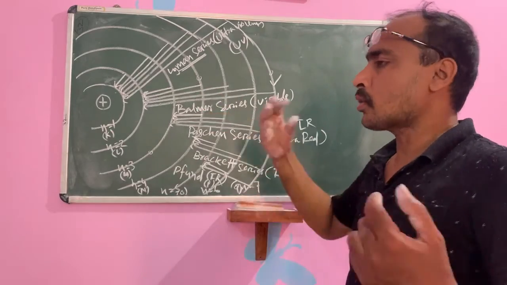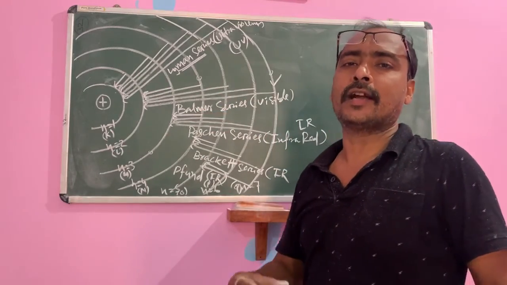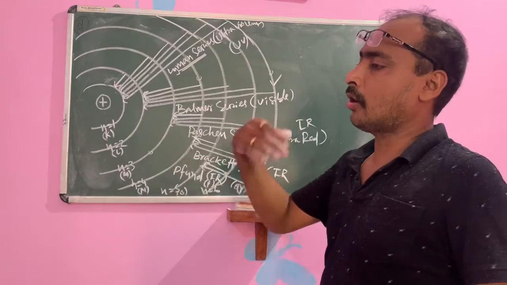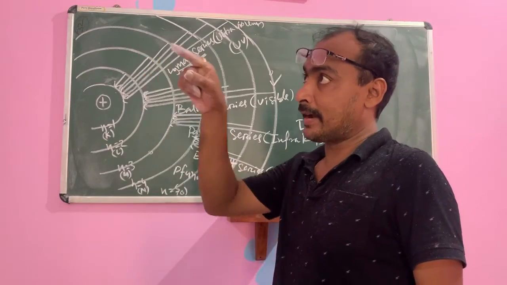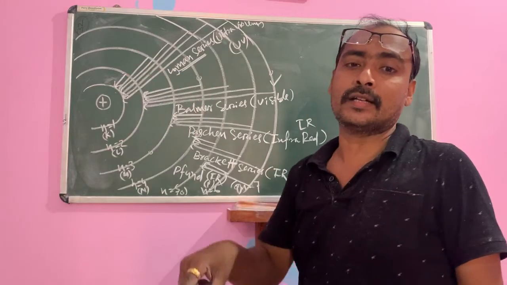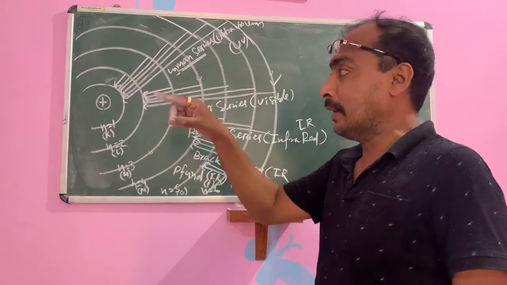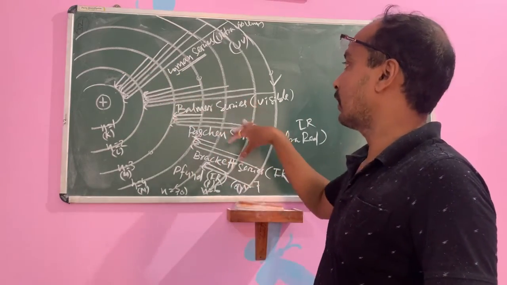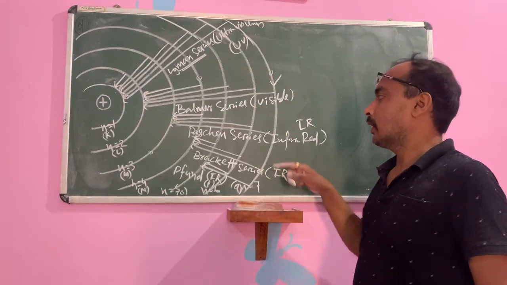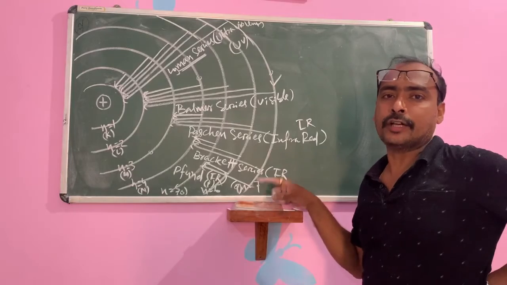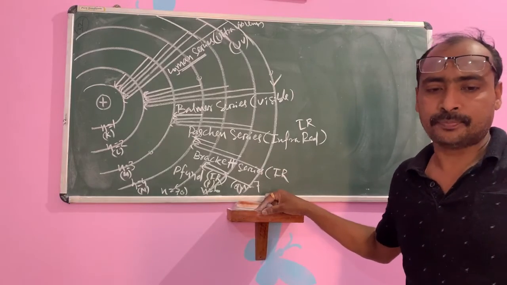So crores of excited hydrogen atoms are returning their electrons from higher excited states to lower states by emitting radiation. So this type of series will form. These are known as the line spectra of hydrogen.